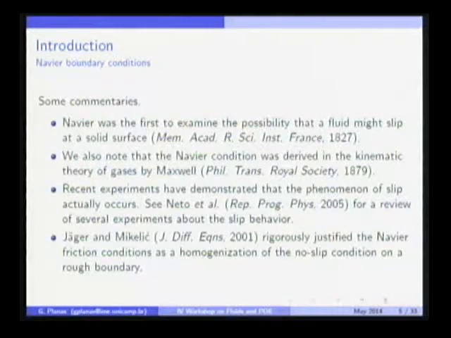Okay, let's make some comments about the Navier boundary conditions. Navier was the first to examine the possibility that the fluid might slip at the solid surface. This was in the original paper of Navier in 1827. Also note the Navier boundary condition was derived in the kinematic theory of gases back to Maxwell in 1879.